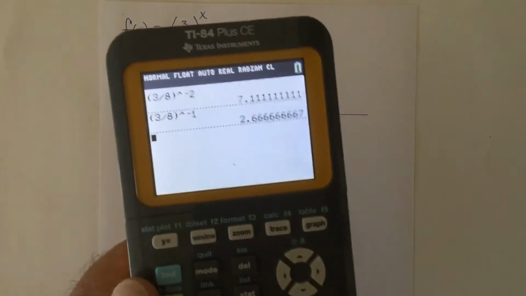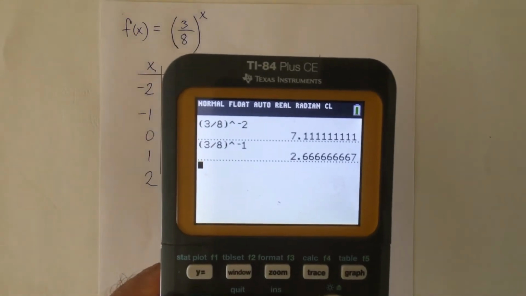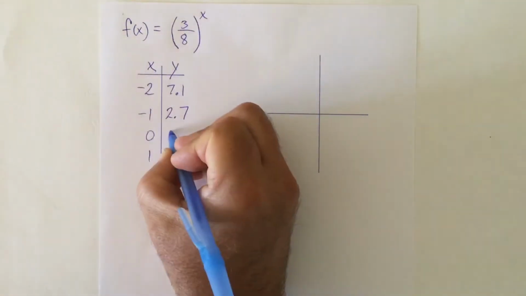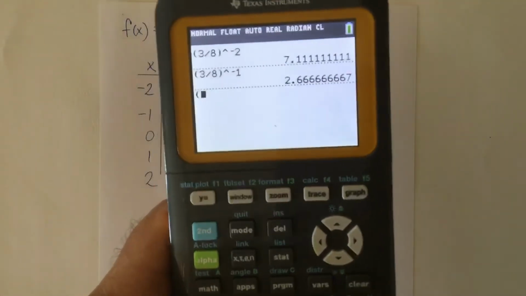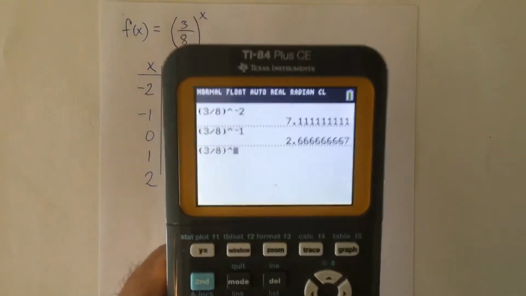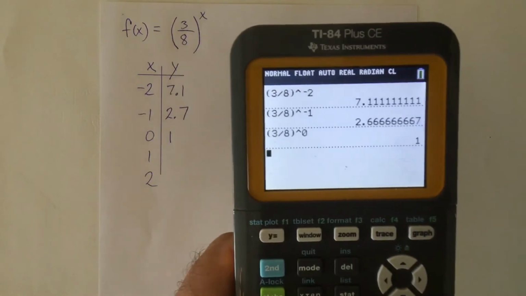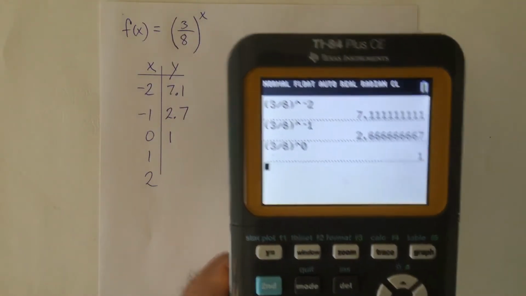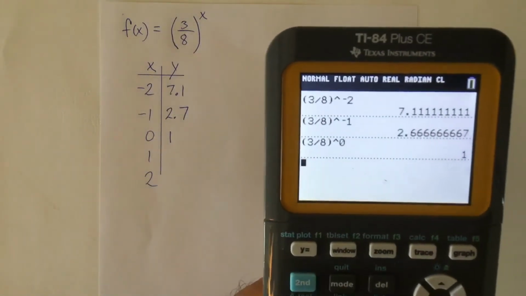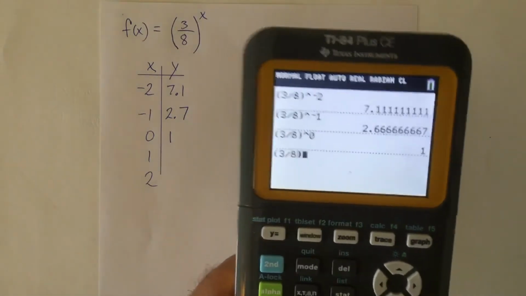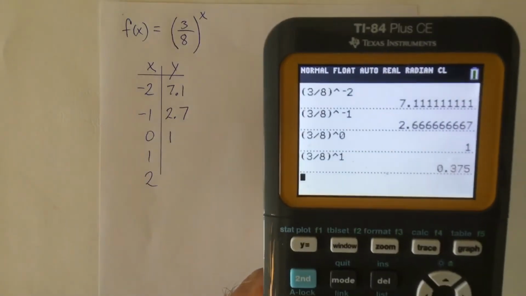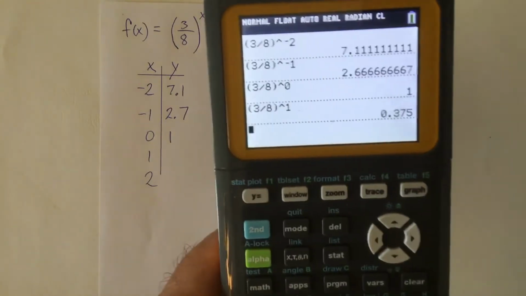If I plug in 0, I'm going to save myself a little work. I plug in 0, I'm going to get out 1. No matter what, you take any number to the power of 0. Well, it's a fraction. Yeah, go ahead. Let's see what happens. Bam, it's a 1. Now, 3/8 to the power of 1 is 3/8. But if we're going to work in decimal, let's just keep doing it.